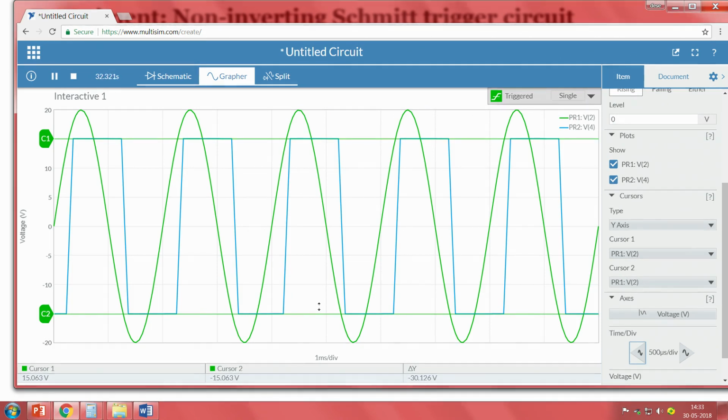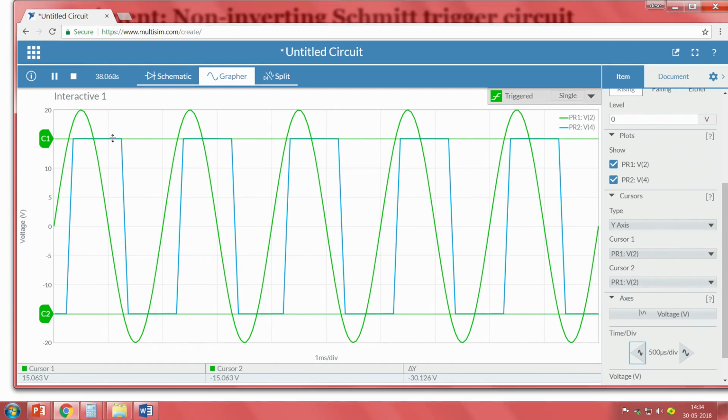Why do we not check? When the input is greater than this value, the output started to change. But why is the output not greater than that? In the previous case, the input signal is smaller and the output voltage is higher, but why in this case is it not? Because the saturation voltage of the op amp is plus or minus 15, but the input is higher than that.